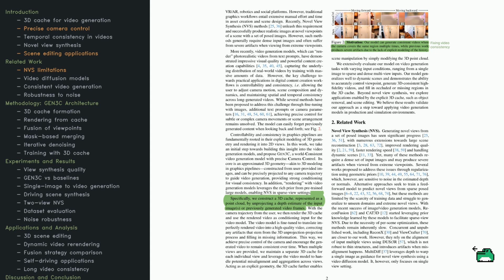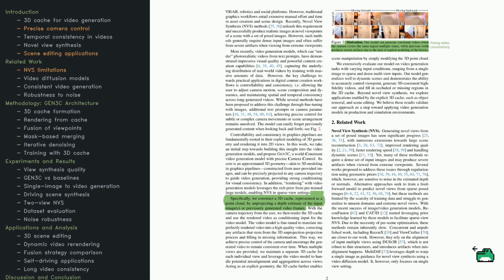It predicts the depth of each frame or seed image, and then reconstructs a 3D version of the scene, which it uses as a cache for future frames. When you direct the camera to a new angle, GEN3C simply re-renders that 3D cache, rather than guessing how the scene should look. The result is smoother videos and fewer artifacts. Since this 3D cache precisely models the scene, you can also edit it by removing objects or rearranging the layout. It even supports camera movements that yield near photorealistic accuracy.